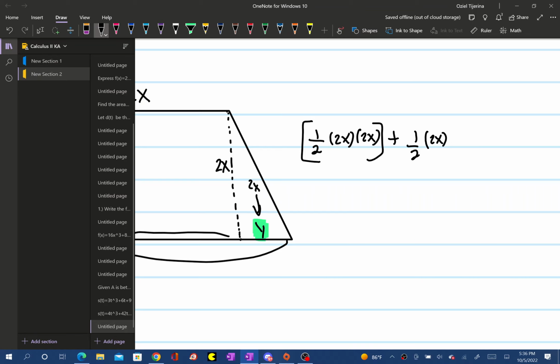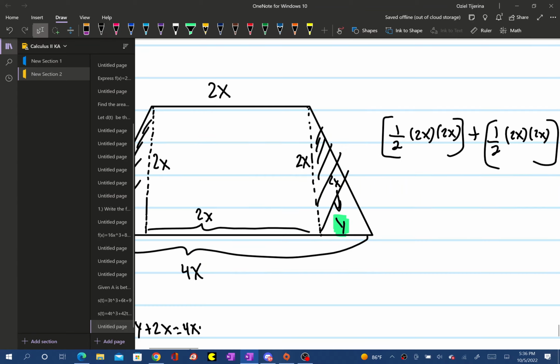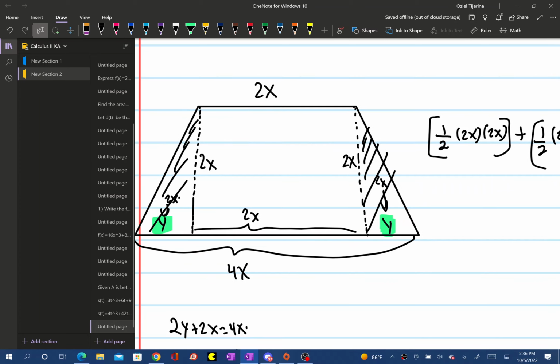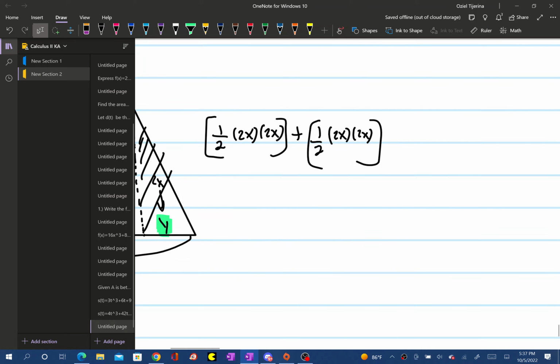So it's this area plus this area, and then plus 2x times 2x, which is the area of the square.